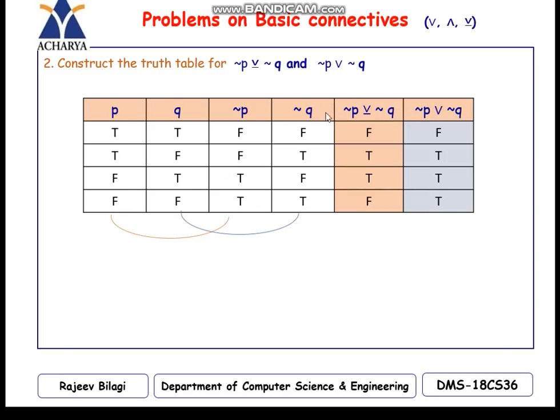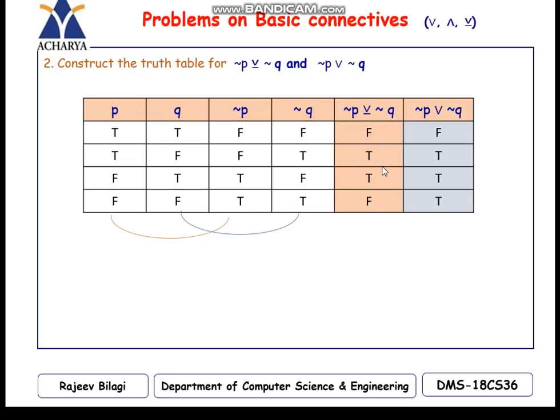Okay. Now negation of Q is what? T, F, F, T, T, F, F, T. So that is why I have marked with these two. So now, negation of P, how do you write this? So what I told, if both are same in this operator, whether it is both false or both true, then it will be false.